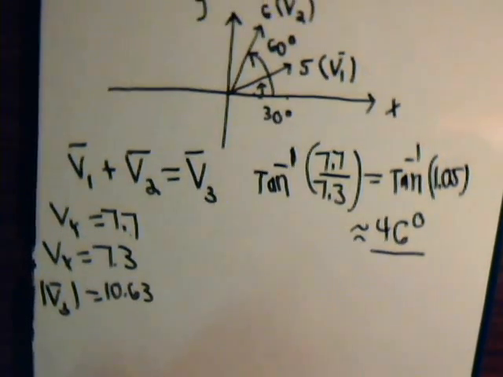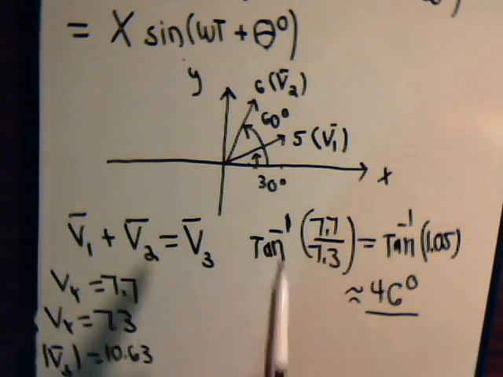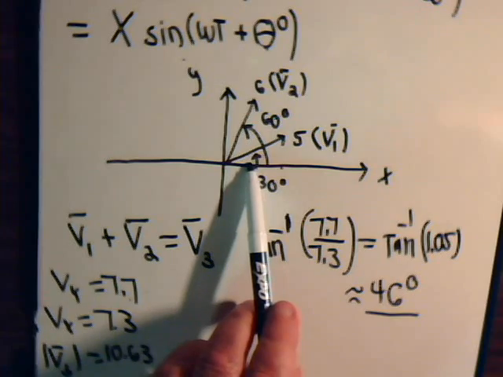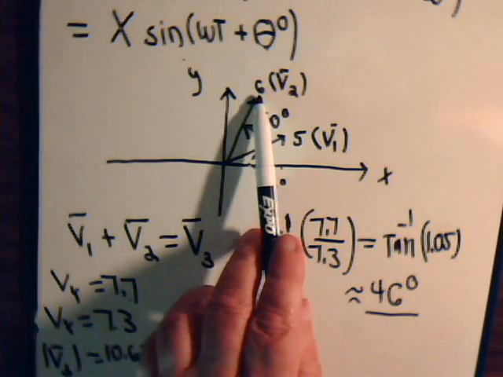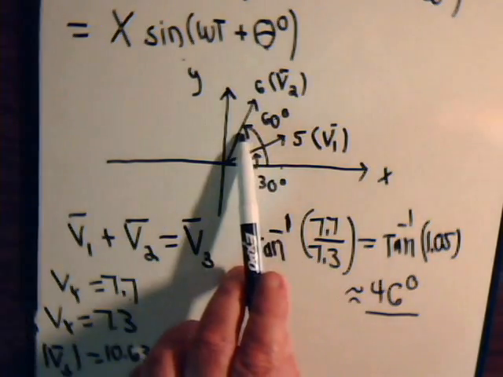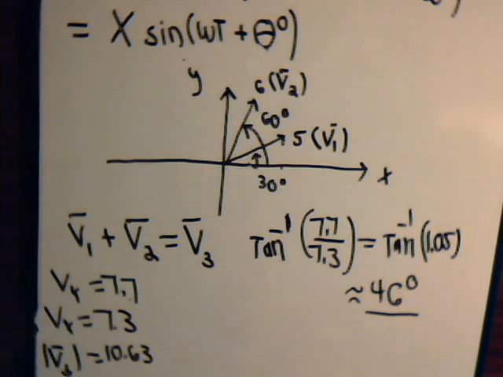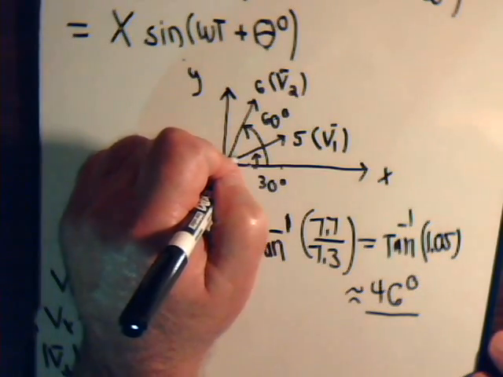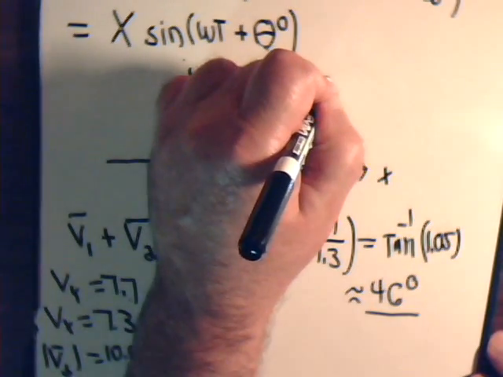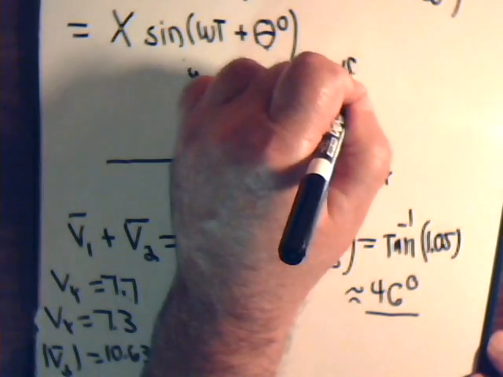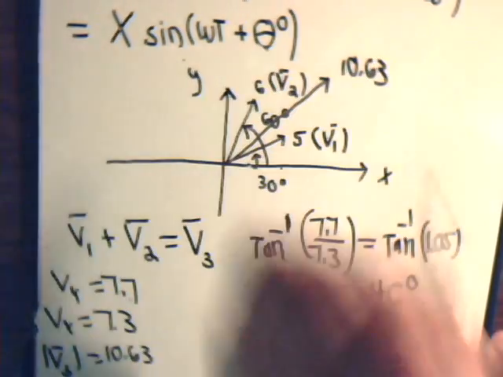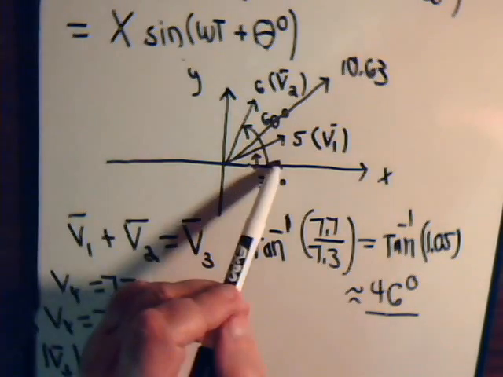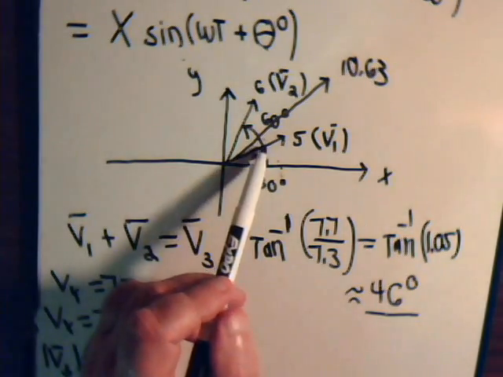So when we add vectors V1, this has a magnitude of 5. It makes an angle of 30 degrees. V2 has a magnitude of 6, it has an angle of 60 degrees. We add them together, we get, this is going to look kind of messy I suppose, a vector of magnitude 10.63, and that makes an angle of about 46 degrees with the x-axis.